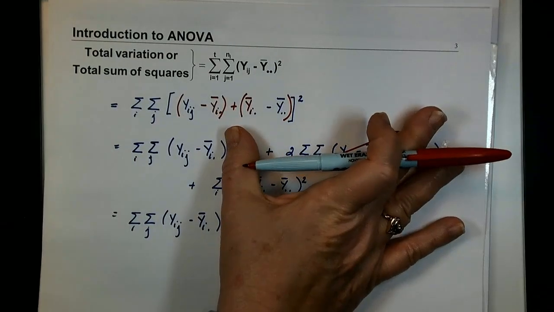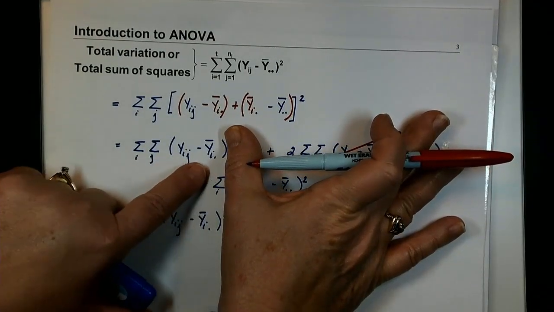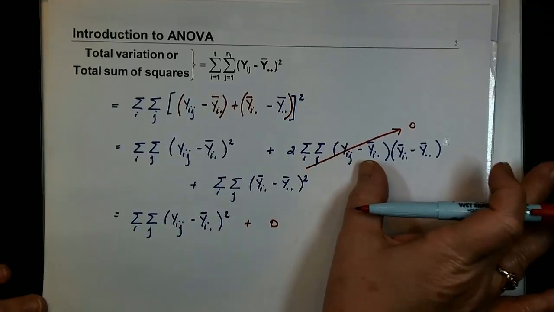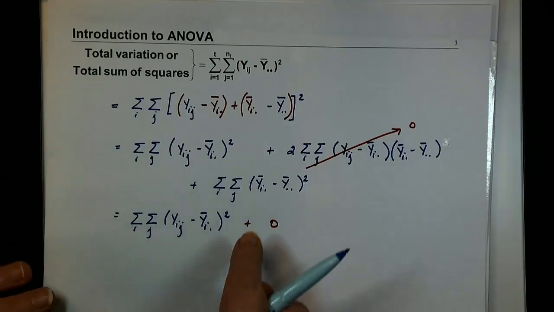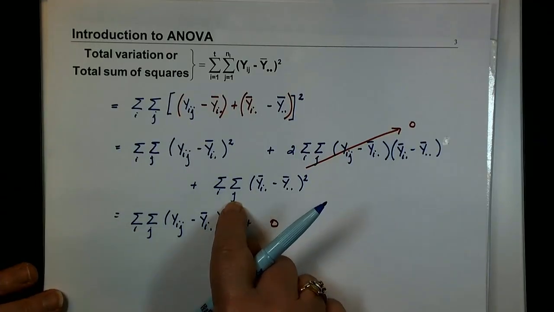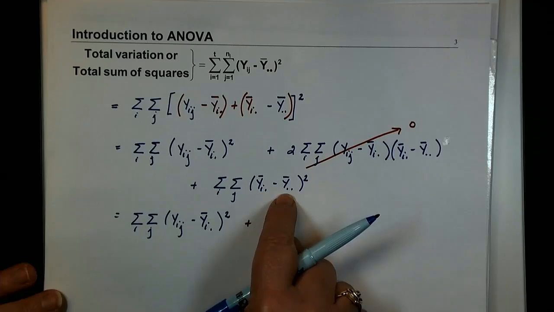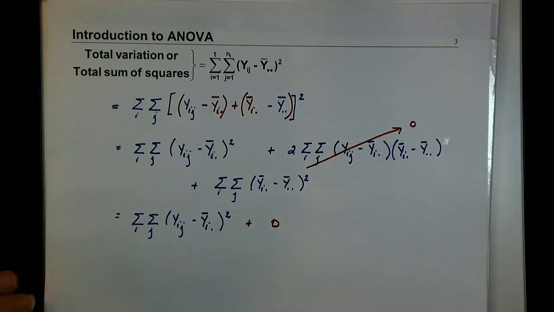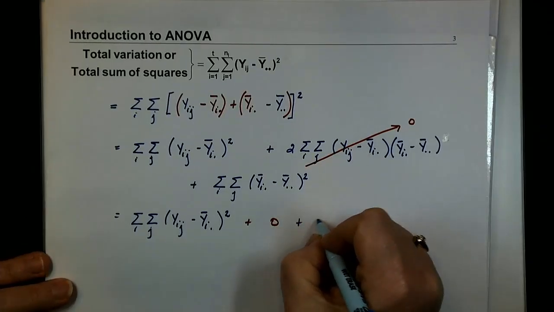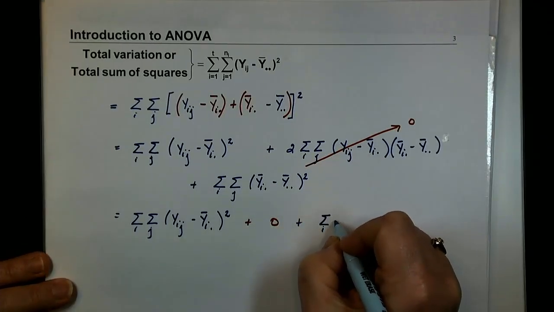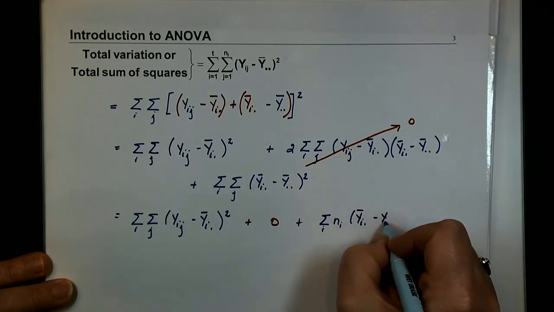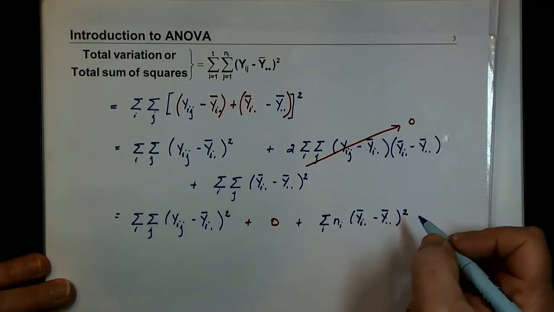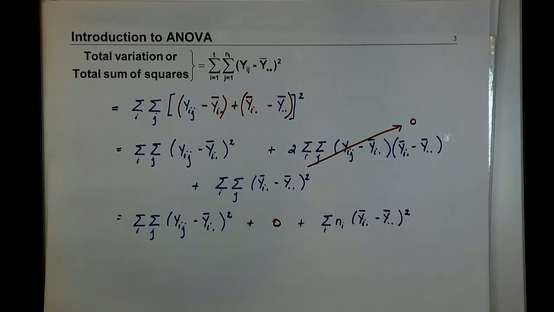So if I didn't square the deviations from the mean like this, they would sum up to 0. That's what's going on over here. It's the short story. For this last one, as j changes, the term inside that we're adding up doesn't change. We're adding up the same thing n_i times, right? And so that last term goes to the sum of the n_i's times (y_i dot bar minus y dot dot bar) quantity squared. It doesn't depend on j.